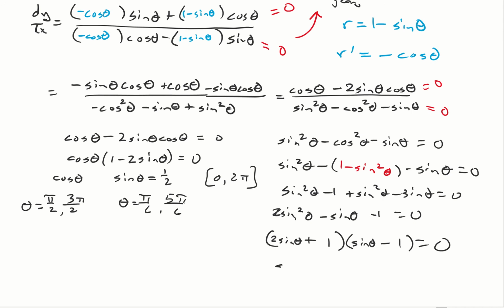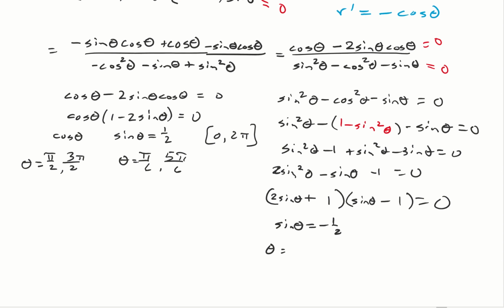So the question is, when is sine theta equal to negative 1/2? And the answer is theta equal to the other 30-degree angles, 7 pi over 6 and 11 pi over 6. And when is sine theta equal to 1? Well, that happens when theta is none other than pi over 2.